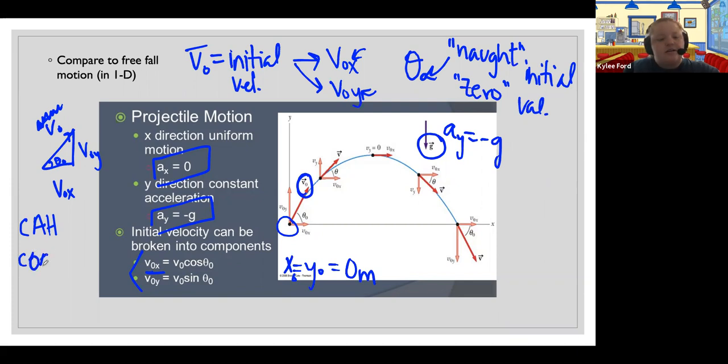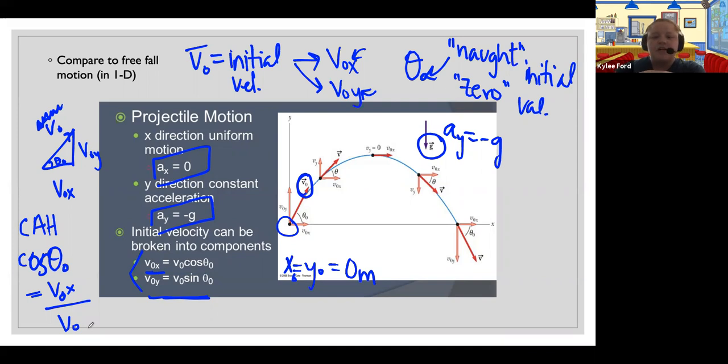Cosine theta naught equals my adjacent, v naught x, divided by my hypotenuse, v naught. And as you can tell from a little bit of algebra, you can solve for v naught x. Then you can do the exact same thing for v naught y, but now we'll have sine theta naught.